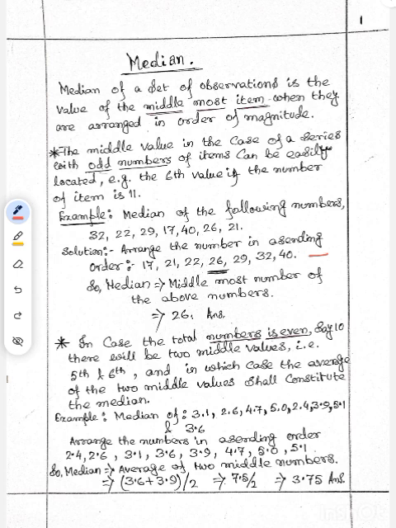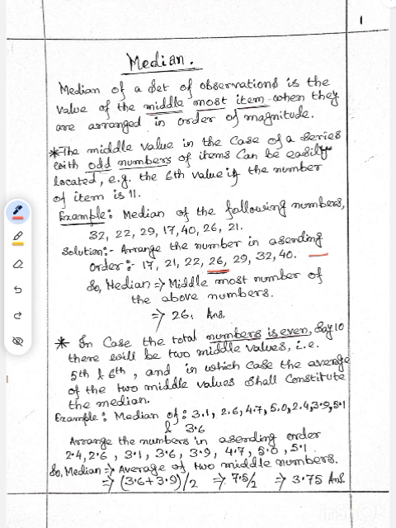And we know that in a series of 7 numbers, the fourth number will be the middlemost. So what is that fourth number? That is 26. So 26 is the value of median.